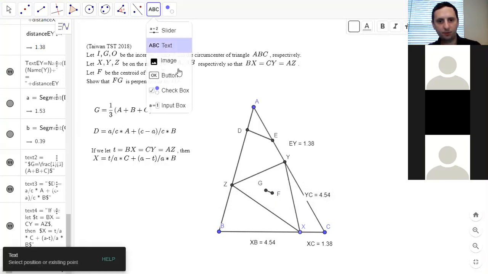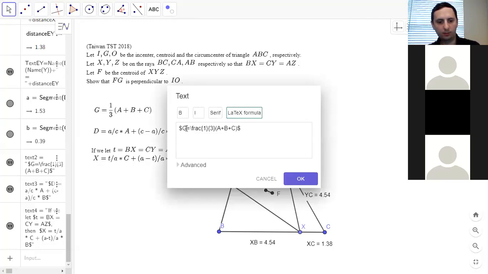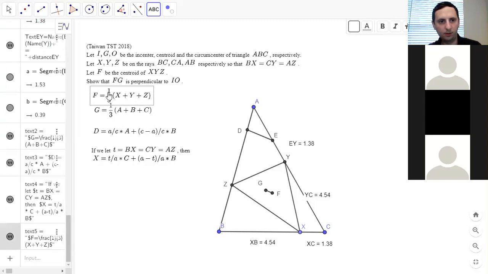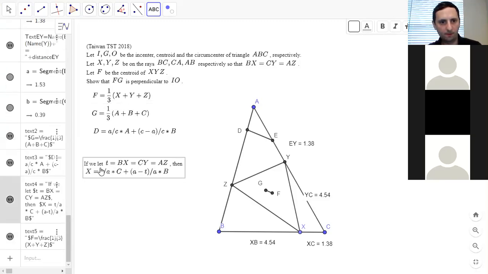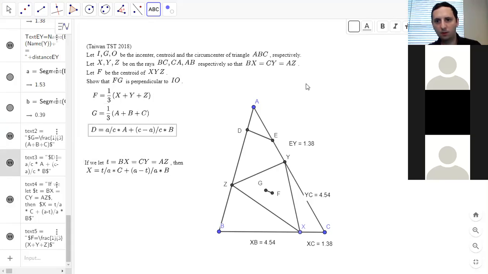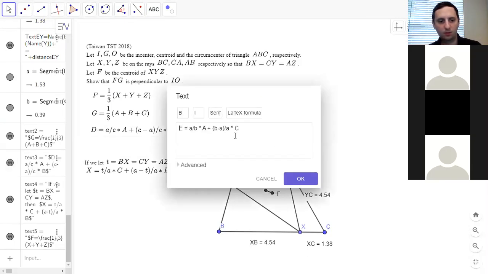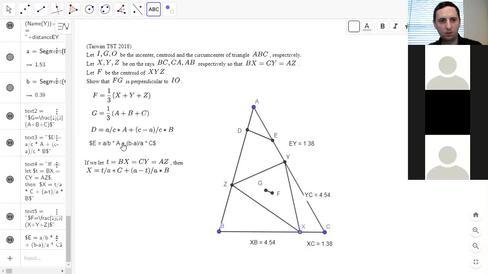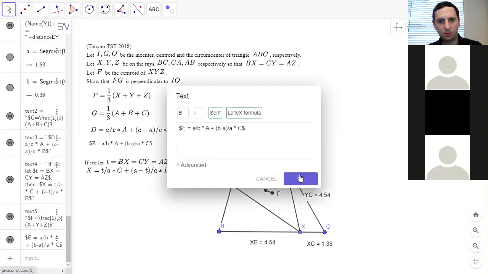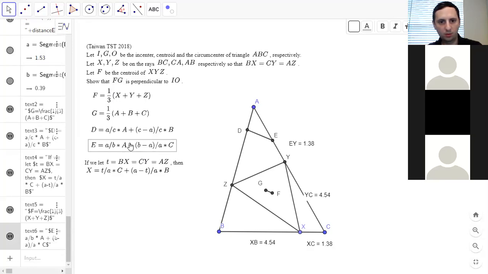So F is a third of X plus Y plus Z. And then we also have E. So the vector DE is what you get when you subtract these two, right?